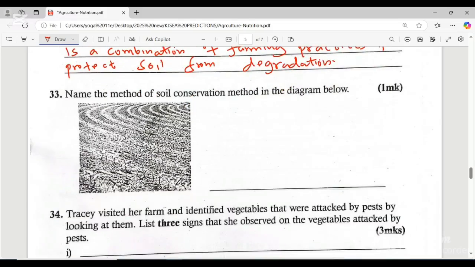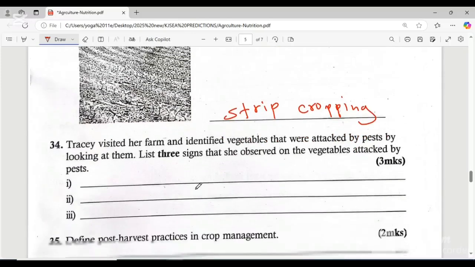Name the soil conservation method in the diagram below. This one is called strip cropping. This method of soil conservation is called strip cropping.